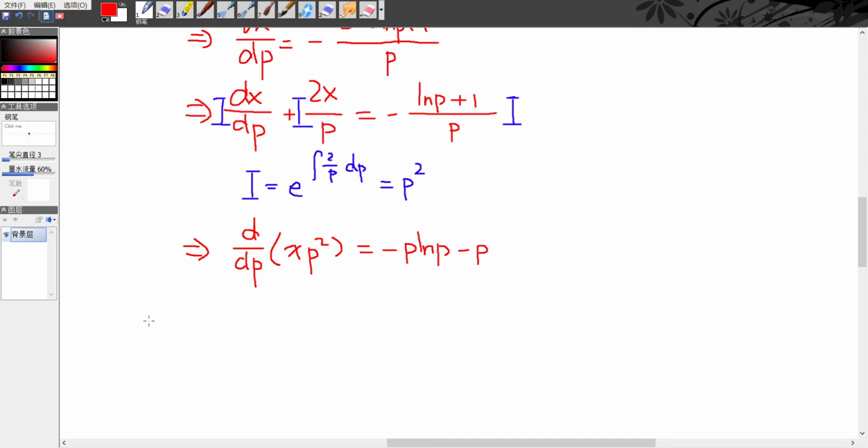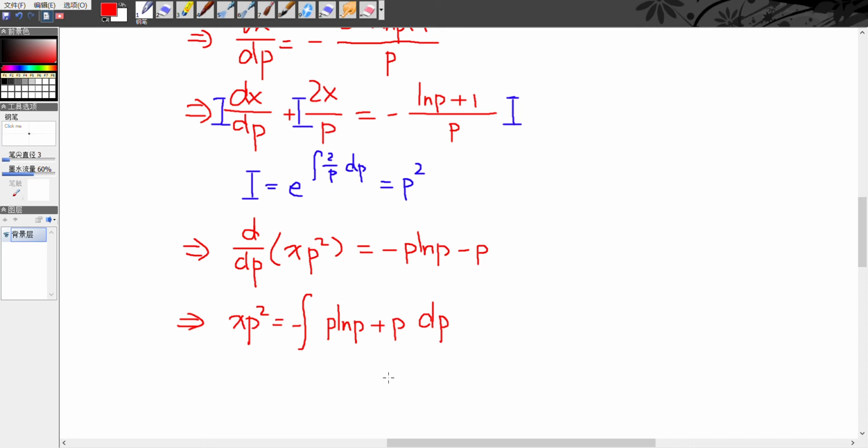And we do the integration on both sides, which gives us x times p squared is equal to the integral of negative (p ln p plus p) dp.